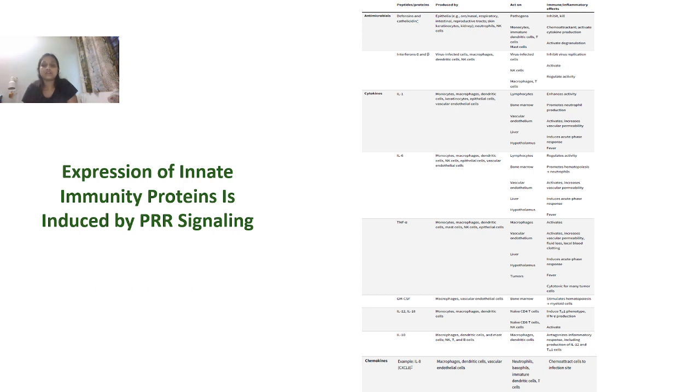Apart from these antimicrobial factors, there are certain cytokines, which are small proteins produced by monocytes, macrophages, and dendritic cells. There are different kinds of cytokines like IL-1, IL-6, TNF-alpha, IL-12, IL-10, IL-18, GM-CSF.